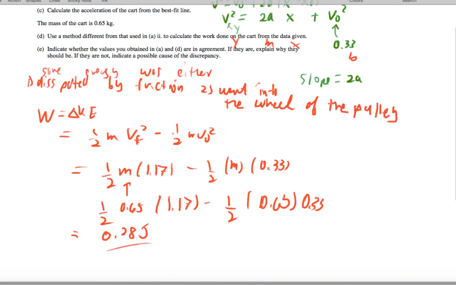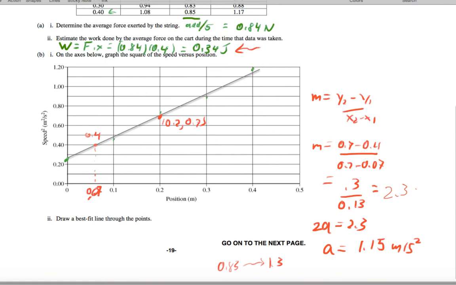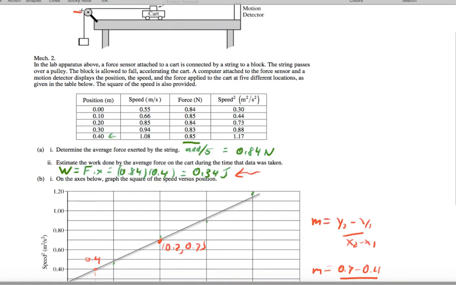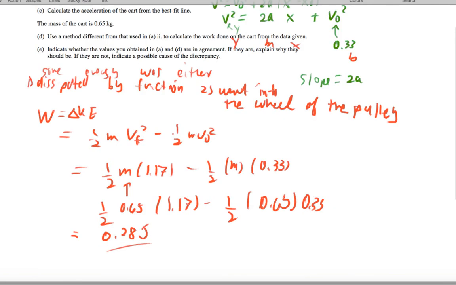And I will actually label that on the previous page. This is what I mean by the wheel of the pulley. I think both those things might have taken away from the energy.